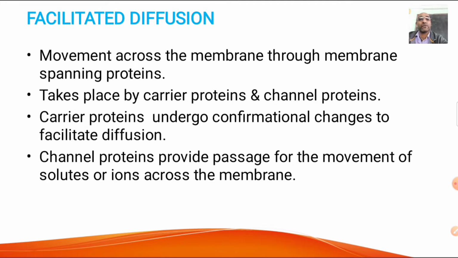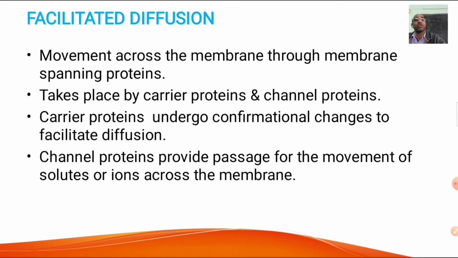But channel proteins only provide a passage for the movement of solutes or ions across the membrane, whereas carrier proteins undergo a change in their shape so that the molecules can move across the membrane.